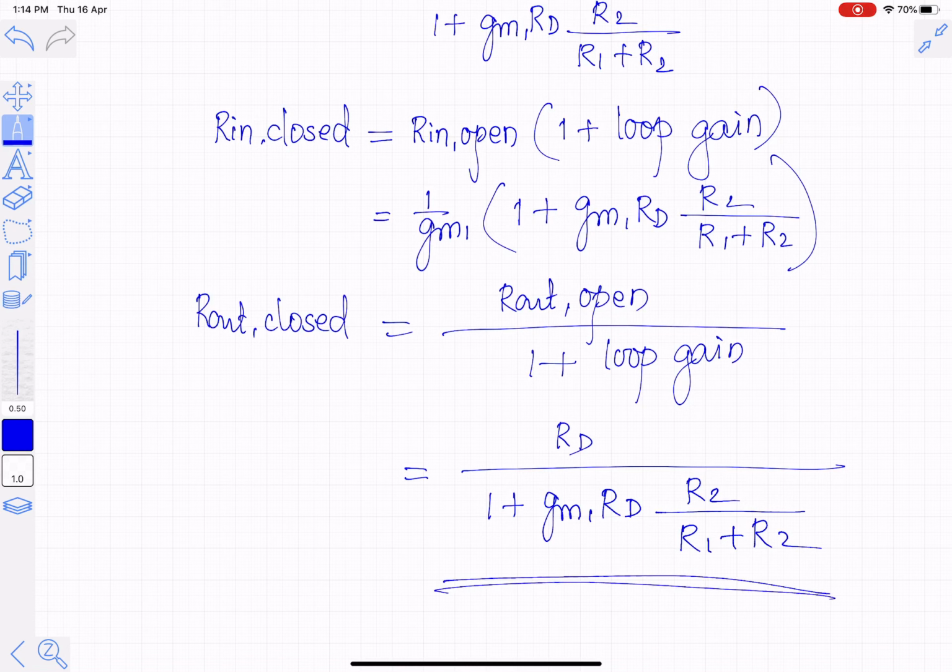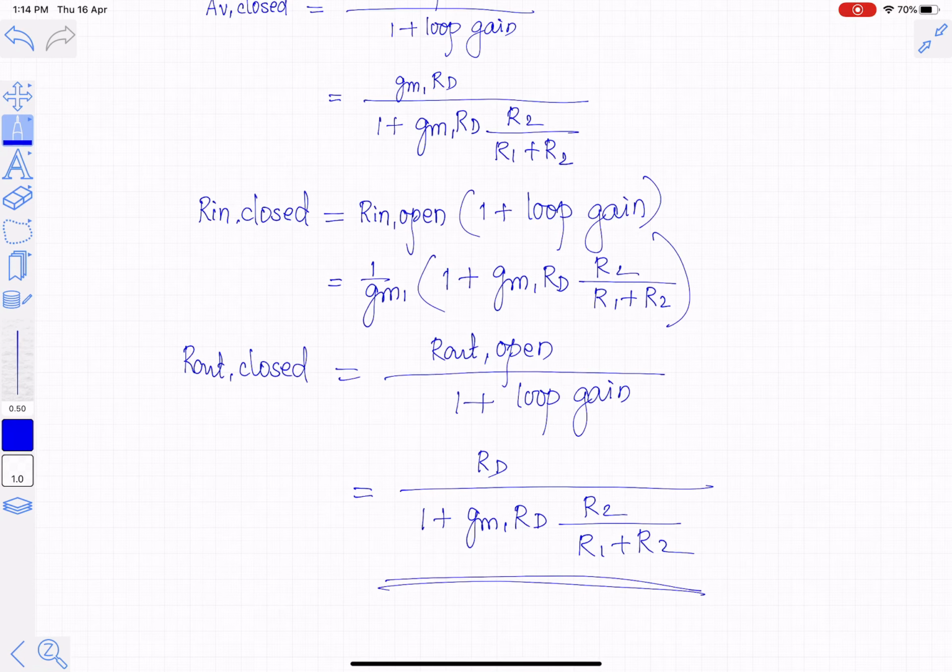In this way we can handle the calculation of closed loop parameters if the feedback network is ideal. If the feedback network is not ideal, how to solve the feedback networks or the closed loop amplifiers with feedback, in detail analysis we will see in the next session.